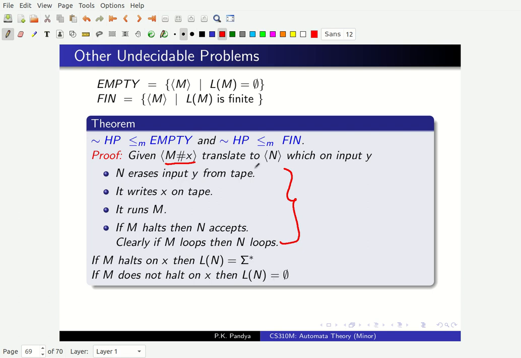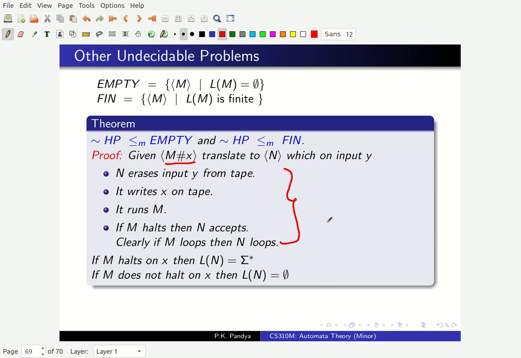So I have constructed an N which has this property. Based on MX, I construct N such that if M halts on X, then the language of N is sigma star, which is infinite, certainly not empty. And if M does not halt on it, I get an empty language which is also finite. So now you can check that this transformation from HP is a many to one reduction to empty. The same reduction is also a many to one reduction from complement of HP to fin.